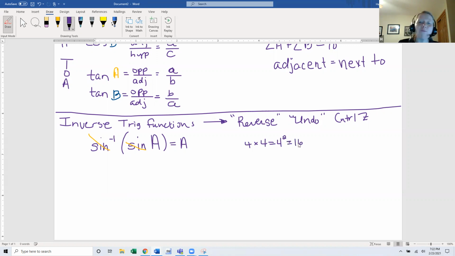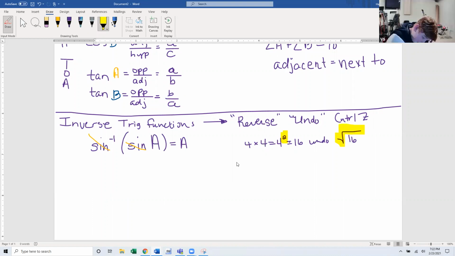Well, the way to go back the other direction, the way to undo, is the square root of 16. The square root is the undo button of the square. This thing is undone by this thing, exactly the same as an inverse function undoing one of the functions. This one will make honestly more sense when we use it and we actually put some numbers in there.